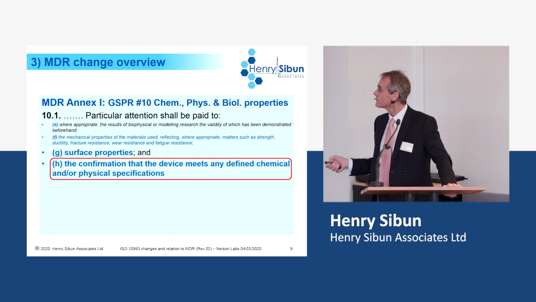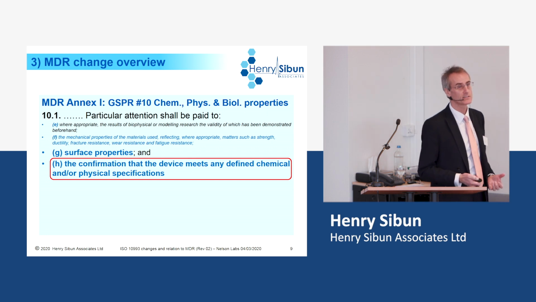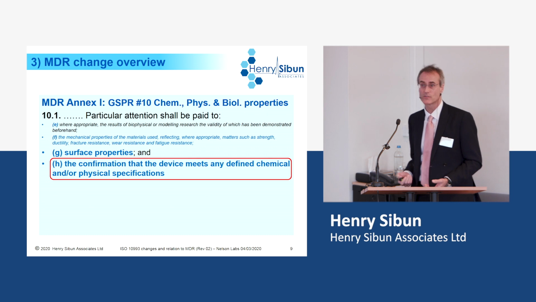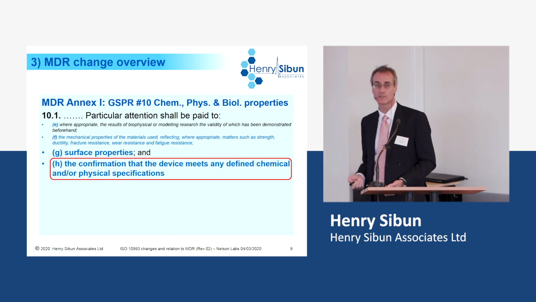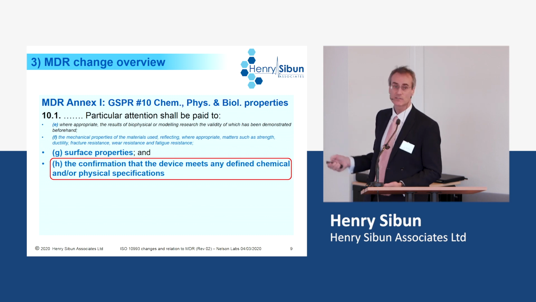So you need to confirm it meets any specifications. Is that a design process? Is that design validation, design verification, or is that part of your standard production process or the purchasing process for raw materials? You need to define the detail for your specifications.